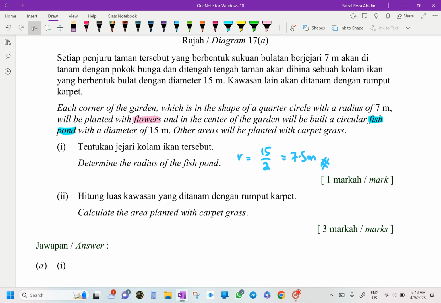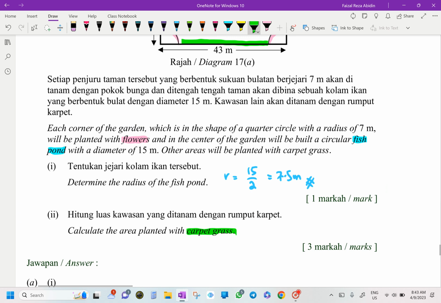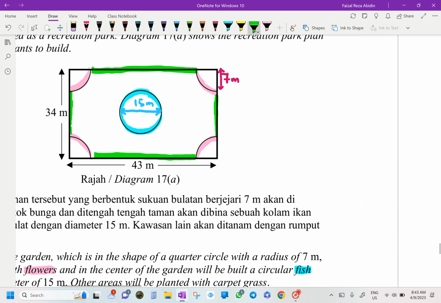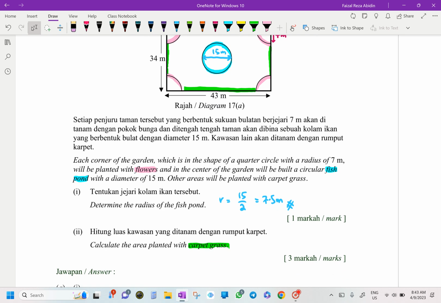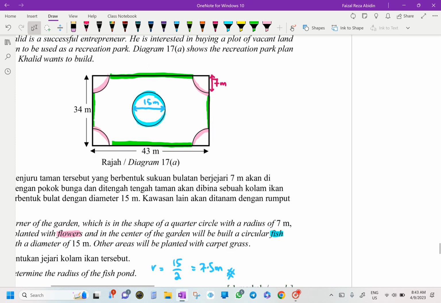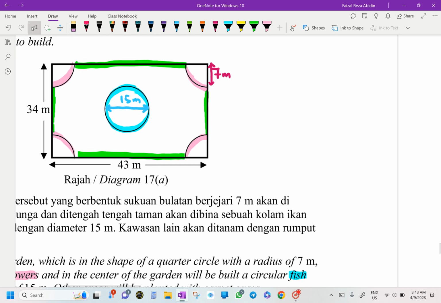Calculate the area planted with carpet grass. Okay, the question doesn't state what unit the area is going to be in, so we are going to have it in meter square.